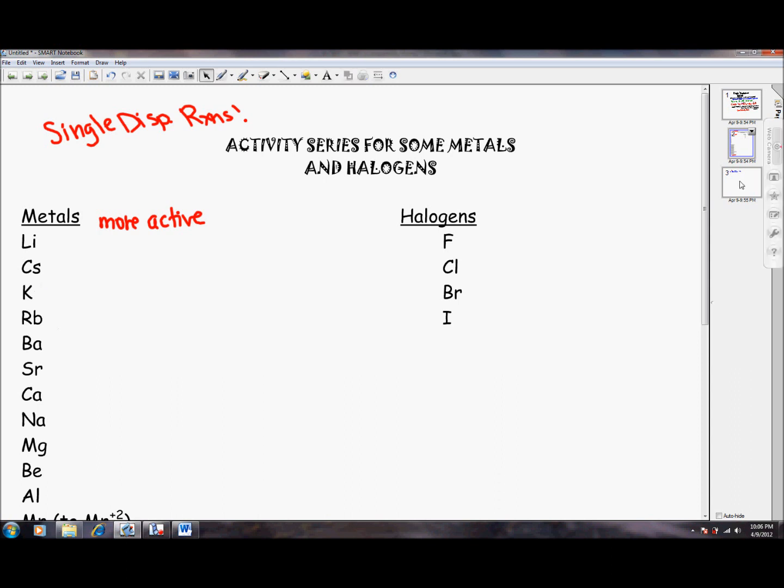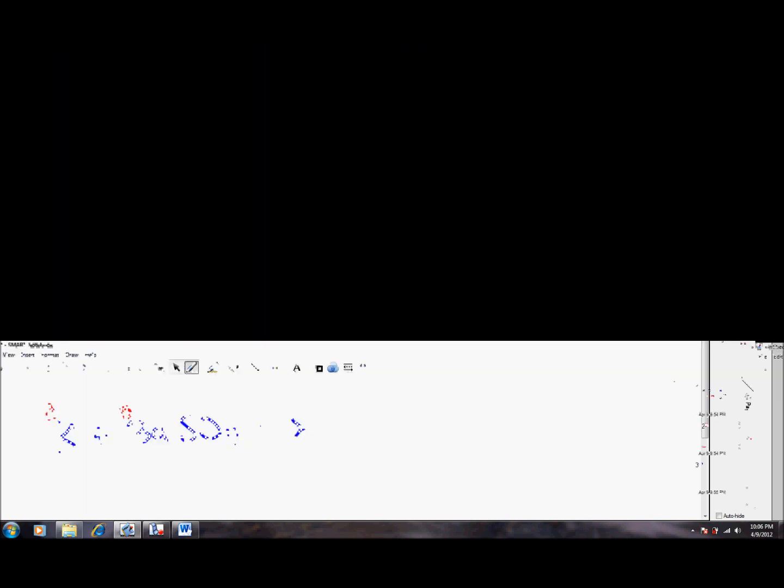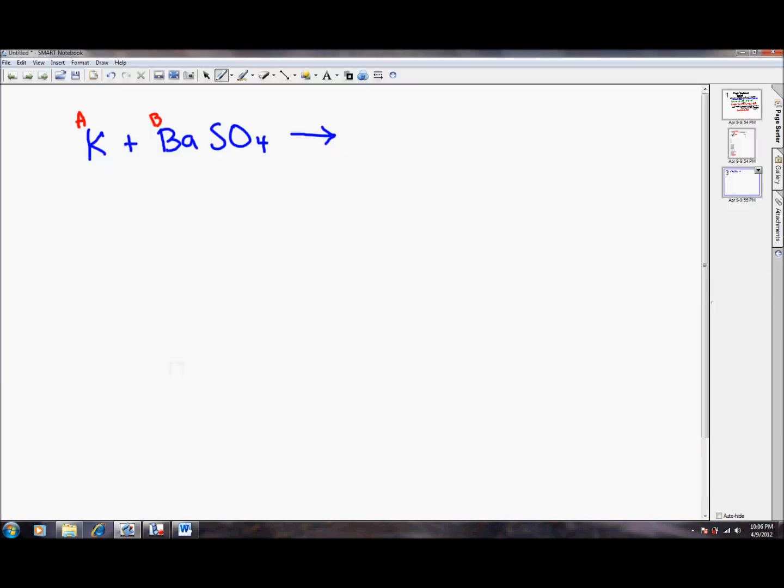Okay, let's go back to our example problem. K is more active than Ba, so K and Ba are going to switch places. Now, before we do that, I told you to write the oxidation numbers in your compound. If you look at your periodic table, barium is +2, sulfate is -2. So K and Ba are going to switch places.